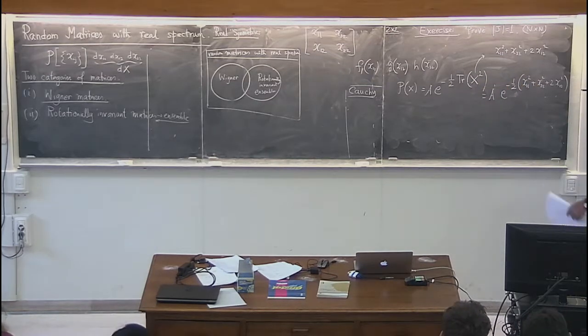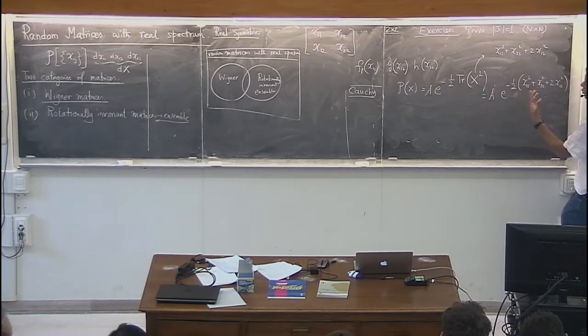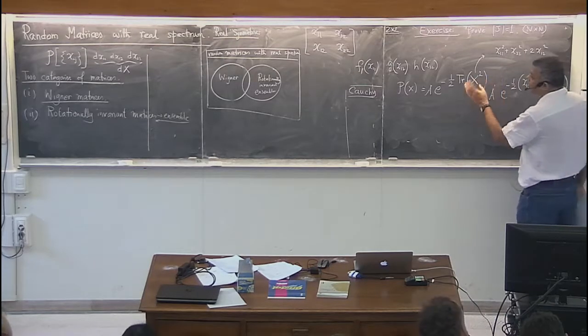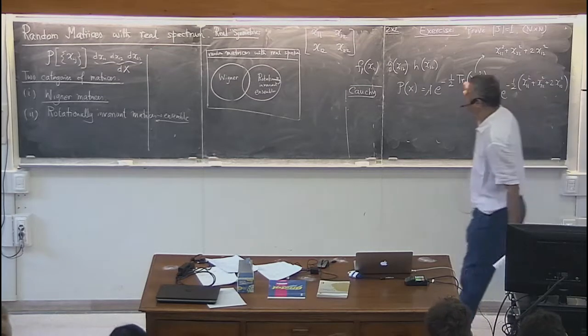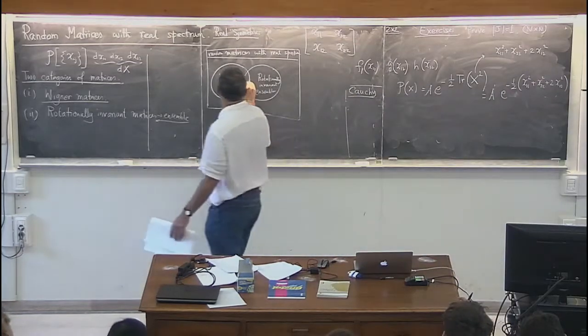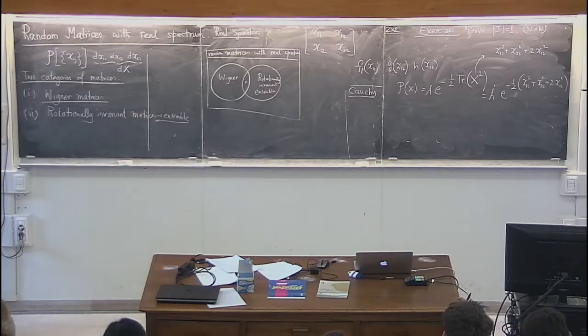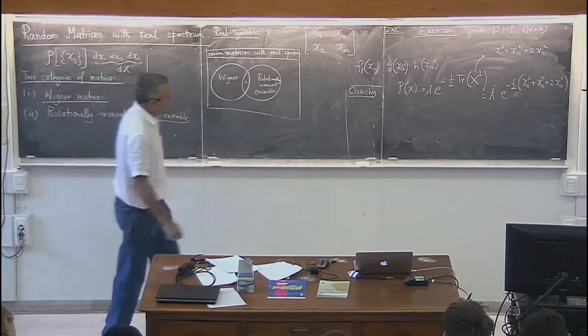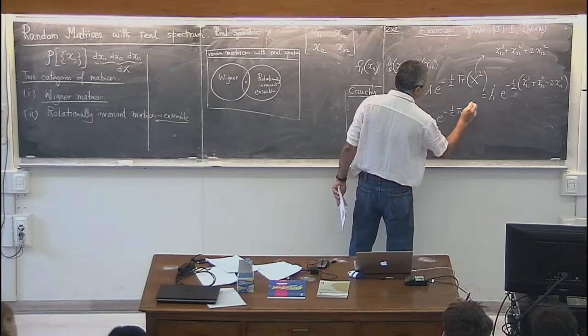So if I take Wigner matrices with Gaussian distribution and choose the variance properly, then I can make it rotationally invariant. So Gaussian is one example which we can think of as belonging to both Wigner as well as rotational invariant ensembles. But obviously this will not be true if you take, for example, something like trace of x fourth.